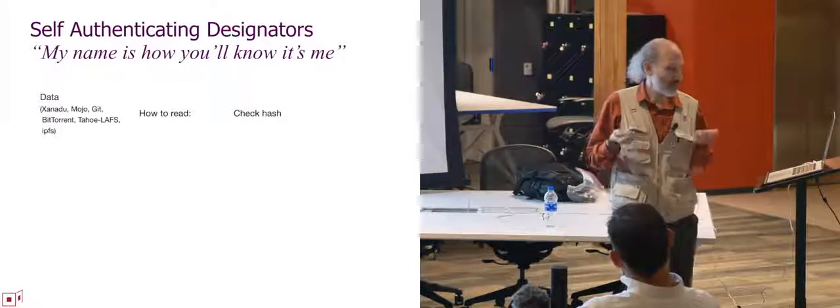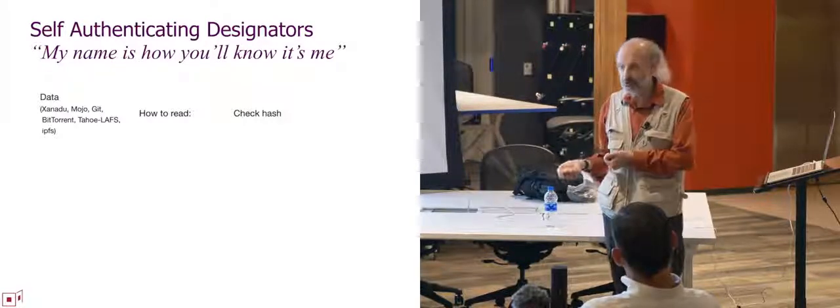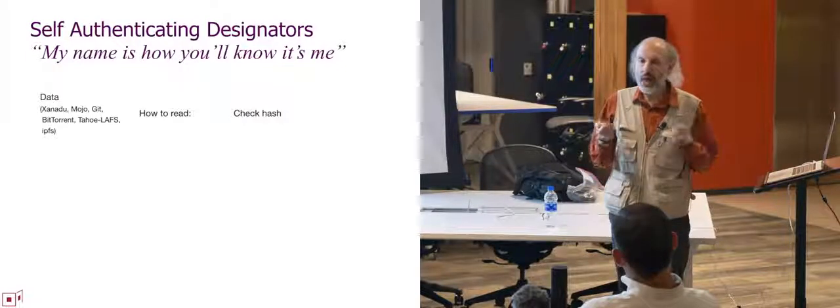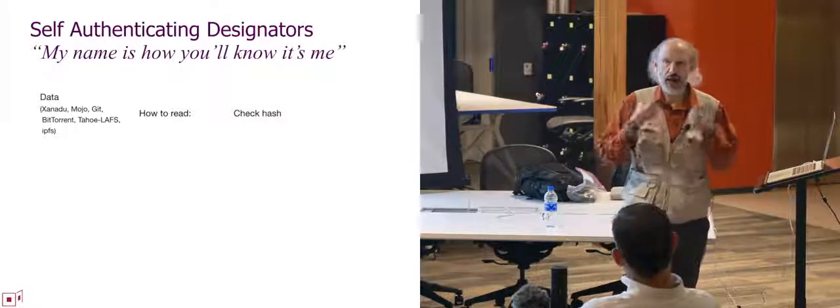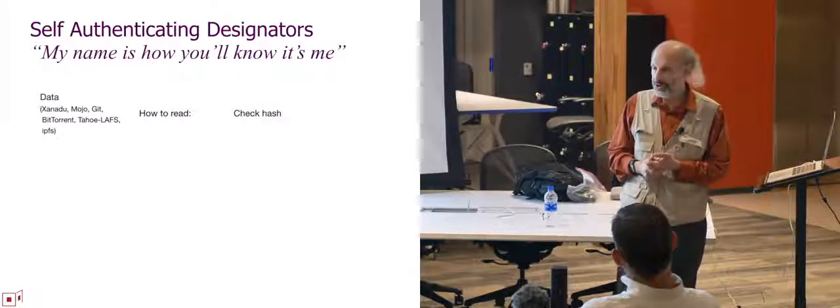So more generally, the name explains a decision procedure to the entity holding the name as to how it is they should figure out how to authentically deal with what the name designates.